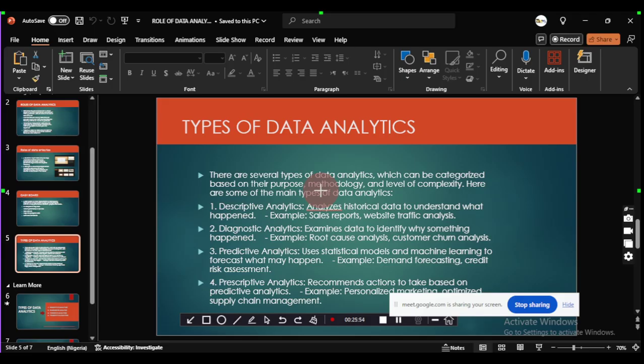The next one is predictive analytics. Predictive uses statistical models and machine learning to forecast what may happen in the future.